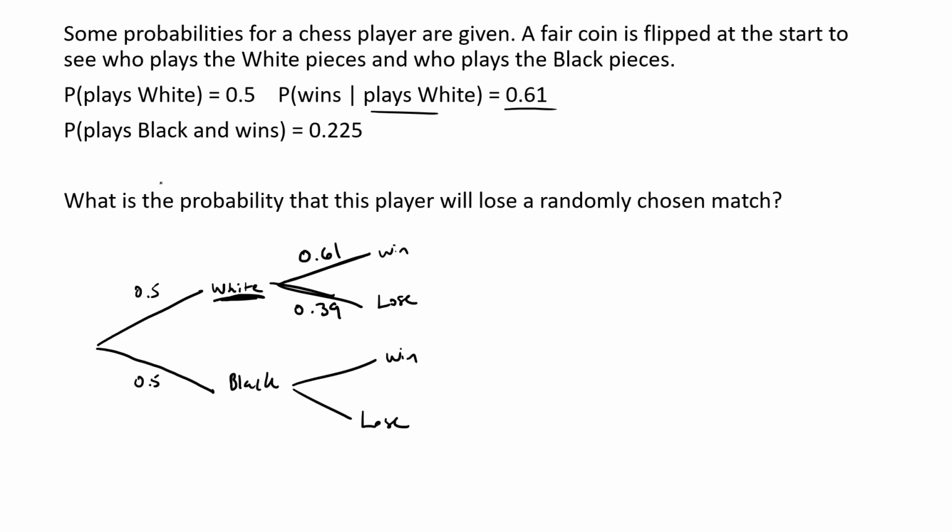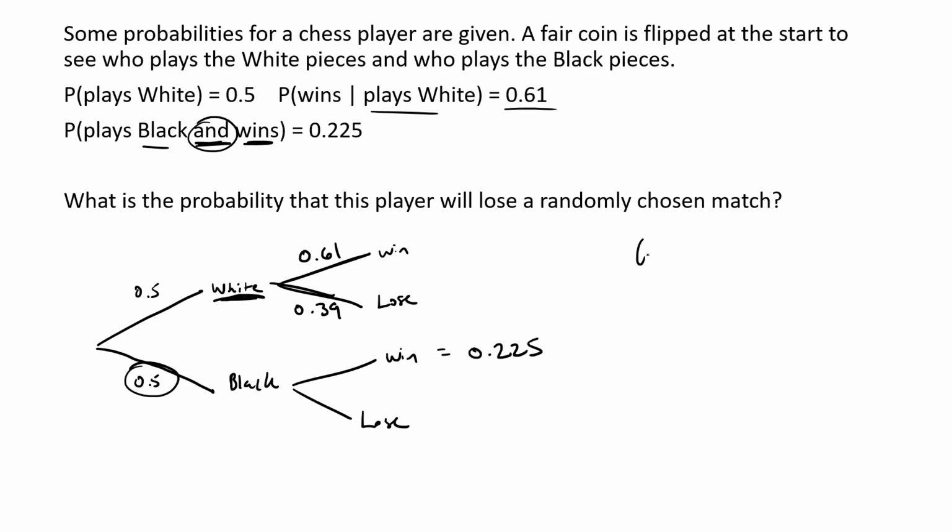Okay, differently now though, play black and win. Okay, so when you use the word and, it means you go down the branch and get the final answer. So what we are saying is, if you take this probability times this probability, it is going to equal 0.225. The chance that you play the black pieces and you win is going to be 22.5%. So to figure out what goes on the branch, you need to work backwards.